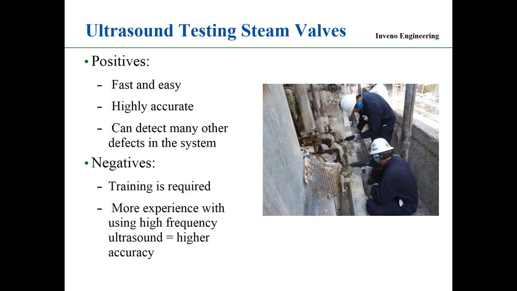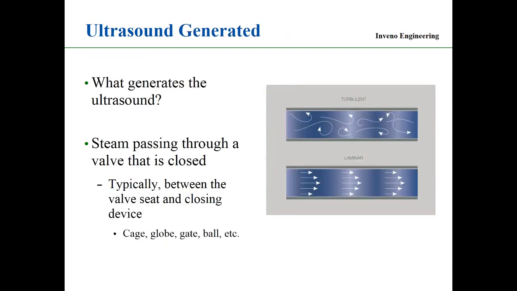High-frequency ultrasound is like riding a bicycle. It really is. The more you ride the bicycle, the more proficient you get. The more experience you get with high frequency, the more ability you'll have and the more accurate your readings will be, like riding a bicycle. What generates ultrasound? Steam passing through a valve that's supposed to be closed.